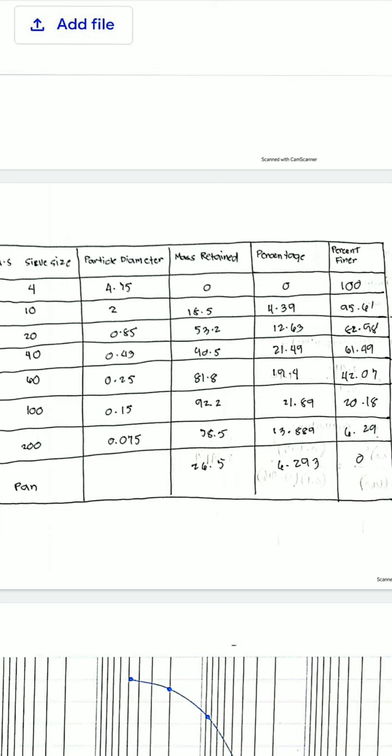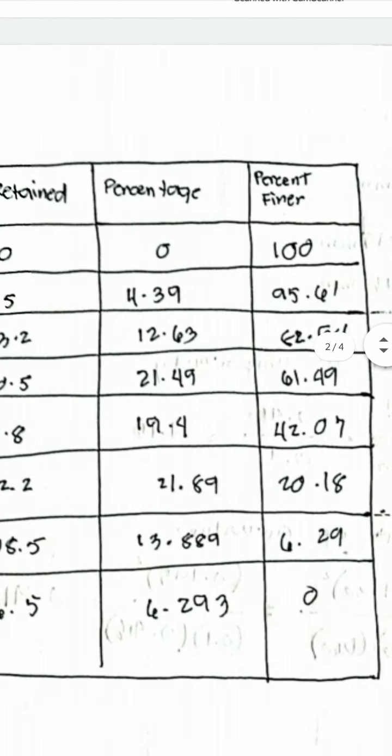So now, to get the percent finer, we need to subtract the percentage of the mass retained from 100%. First we start at 100% minus 4.39, which is equal to 95.61.